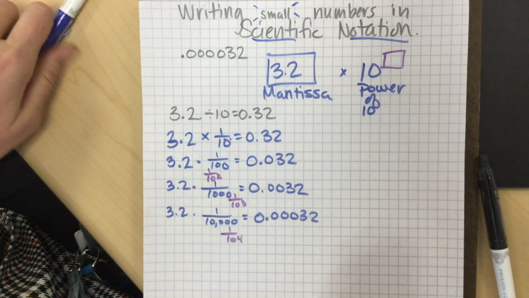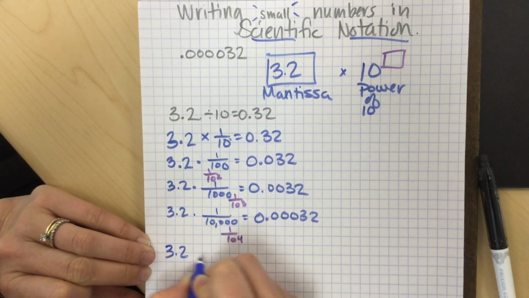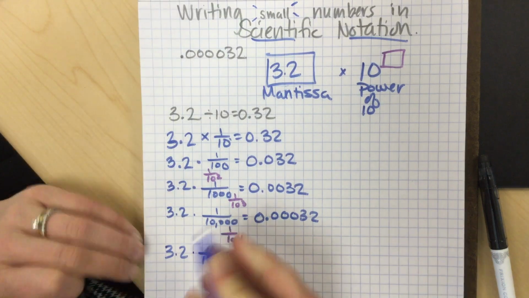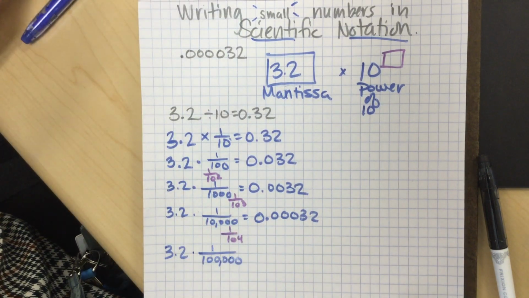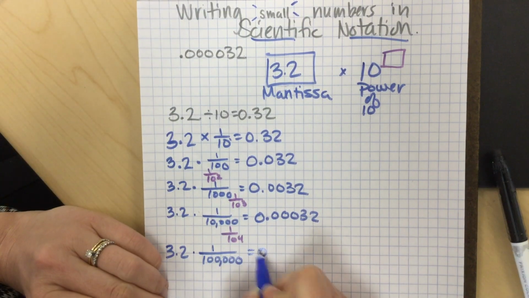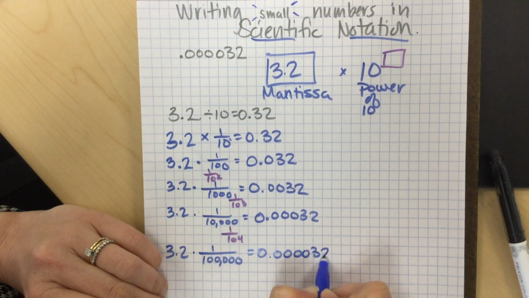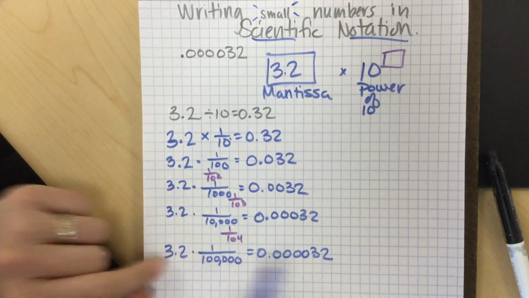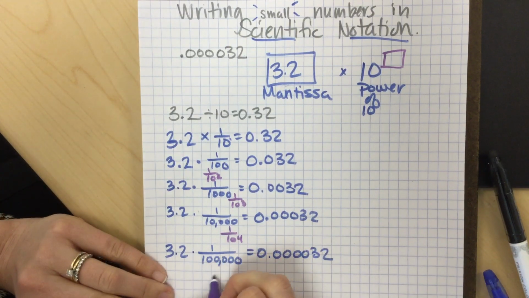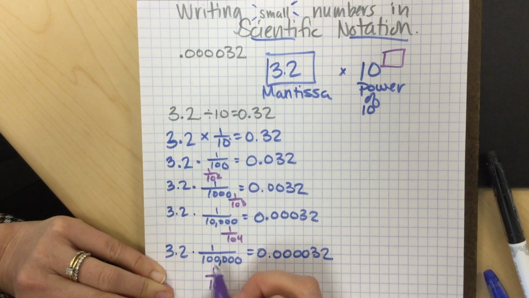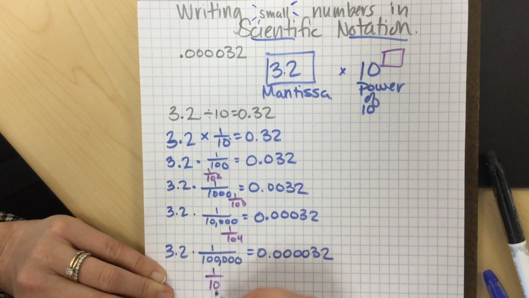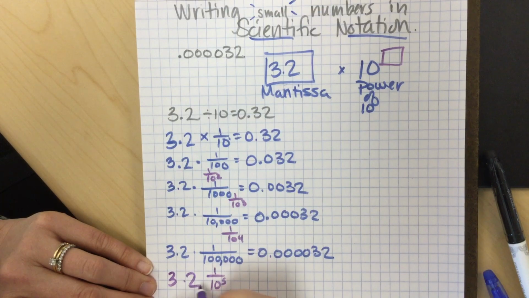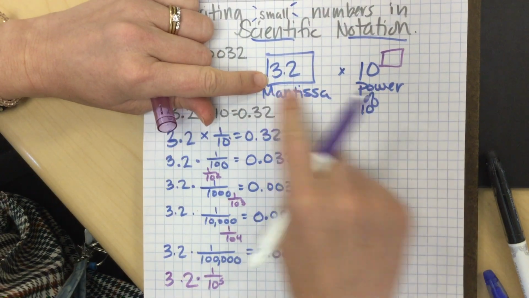If I look at 3.2 times 1 over 100,000, then I finally get back to this value here, which is our original number up here. So that is 3.2 times 1 over 10 to the fifth. All right, so I know that is what I need to get in this format.